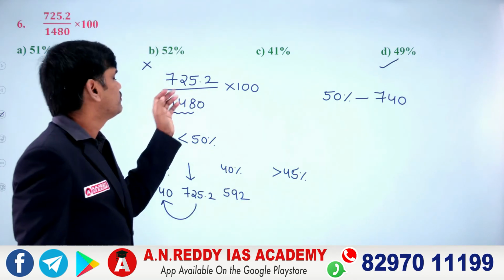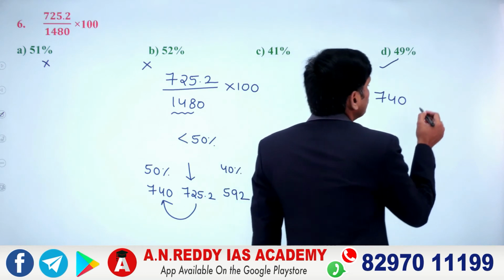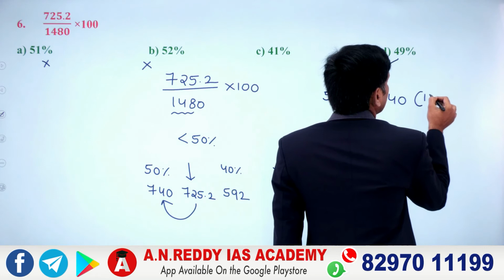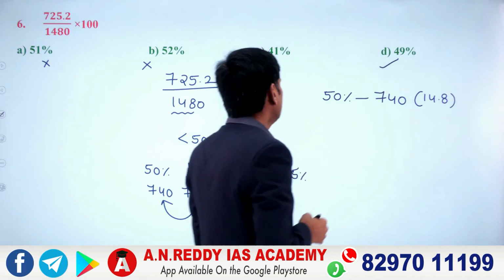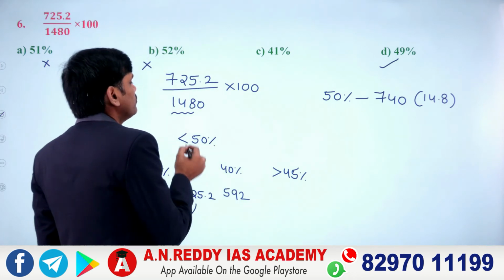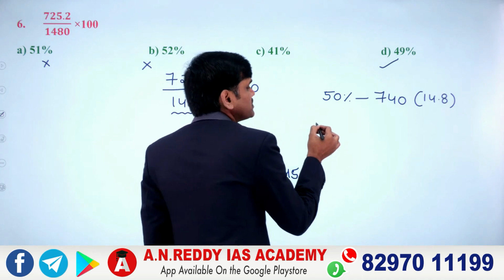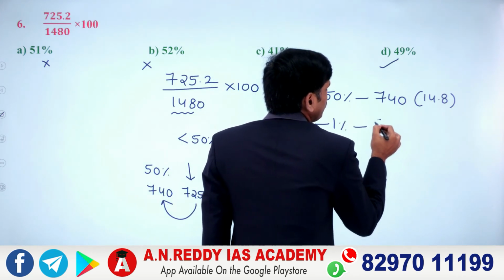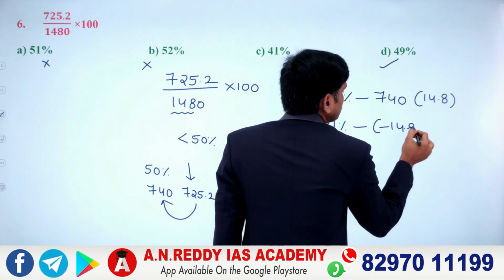To reach 725.2 from 740, how much do you have to remove? 14.8 you should remove. So 14.8 is what percent of 1480? 1%. So from 50% you just remove 1%, which is 14.8.